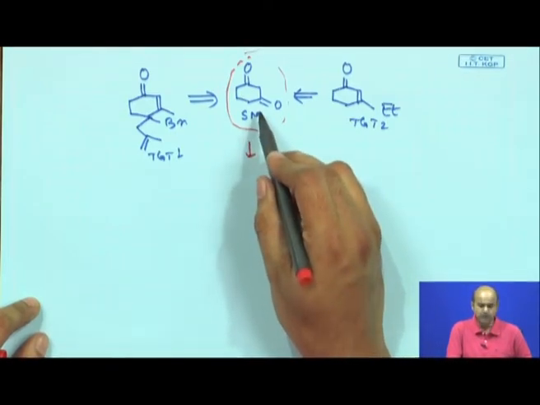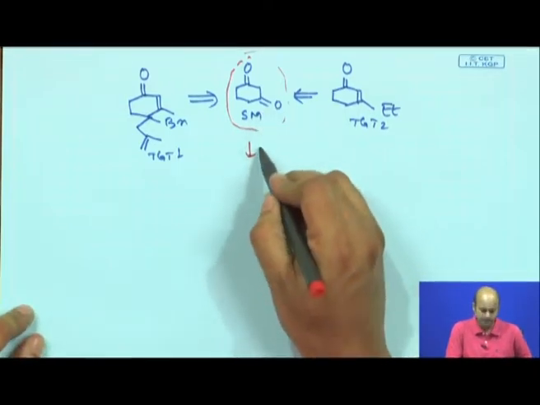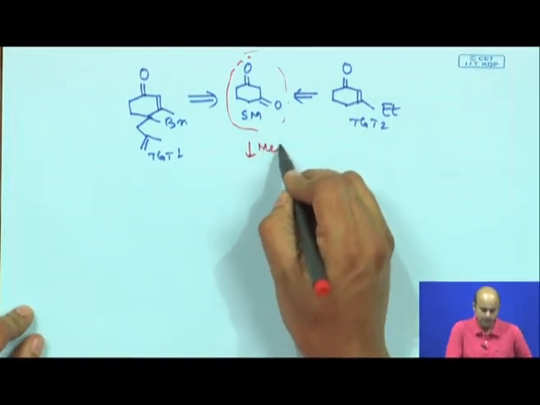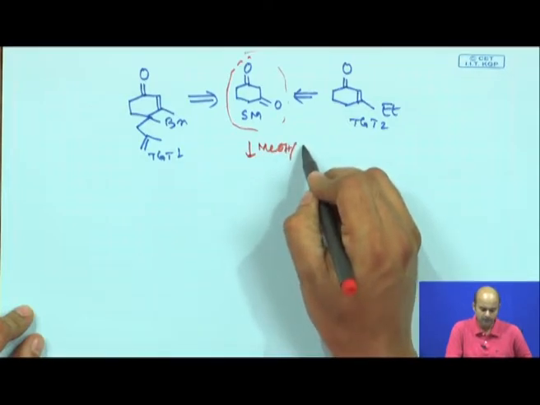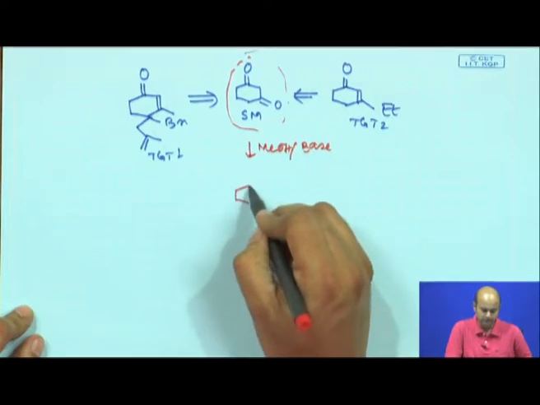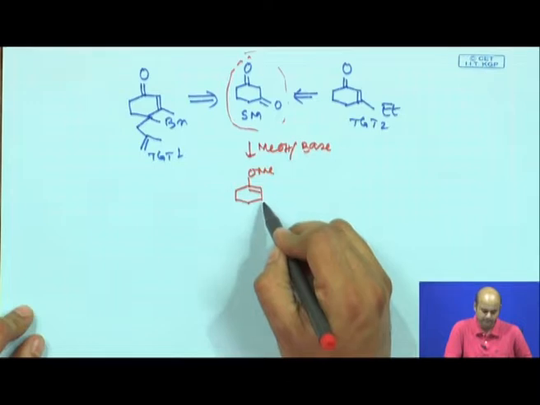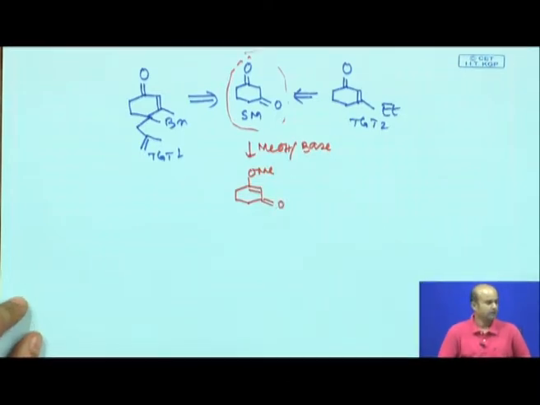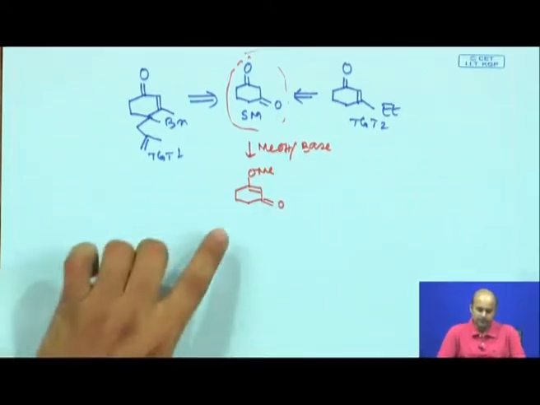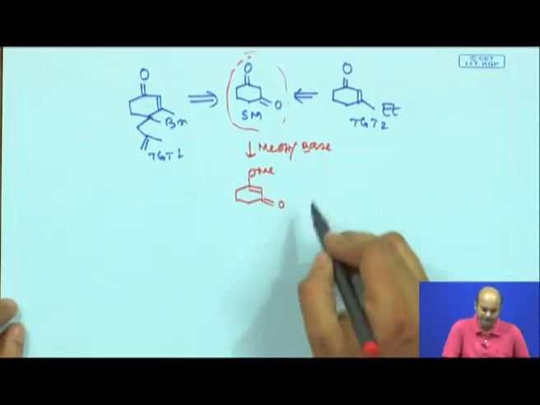As you know, 1,3-dicarbonyls are very good enolizable compounds. You can simply put methanol and a base to make this compound as this. So, this is the initial enol ether which you can easily access.